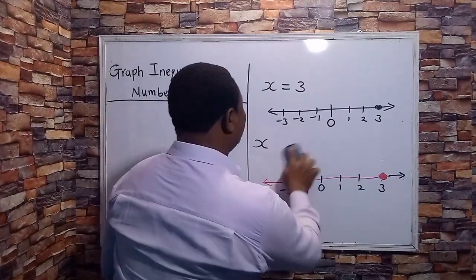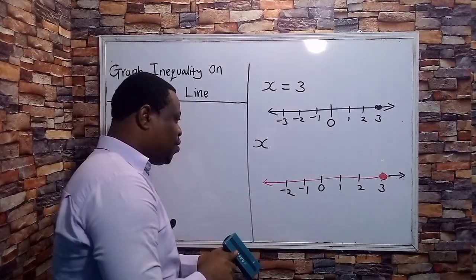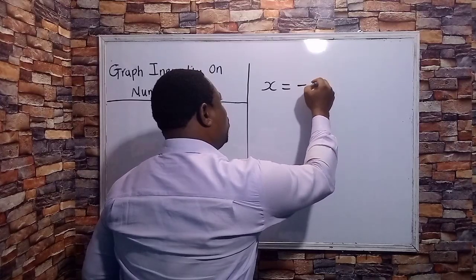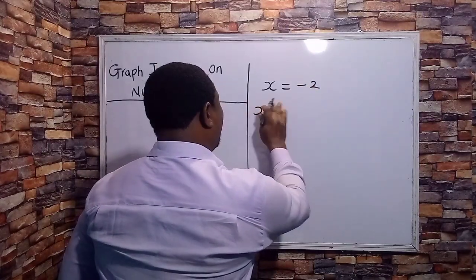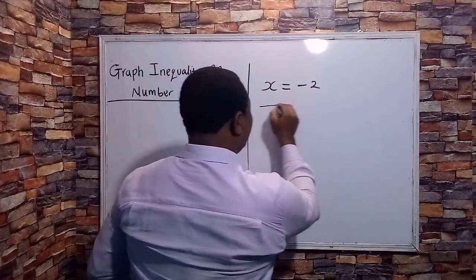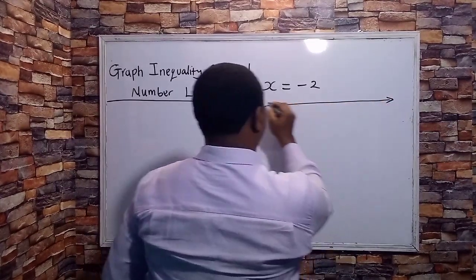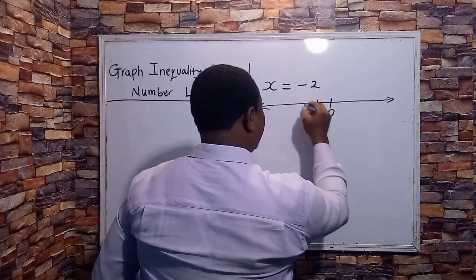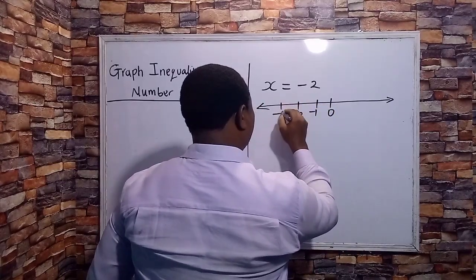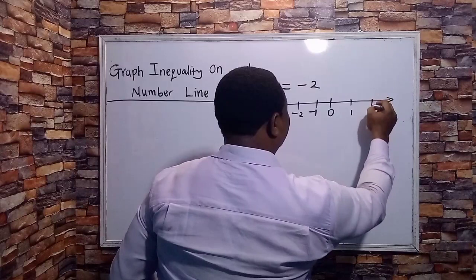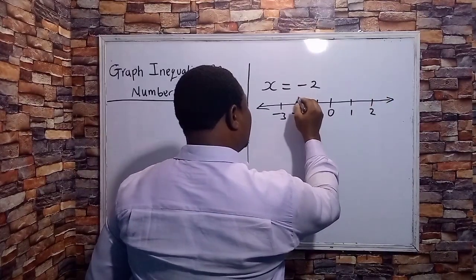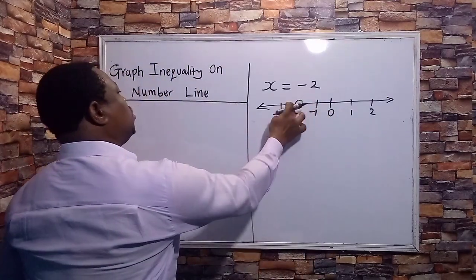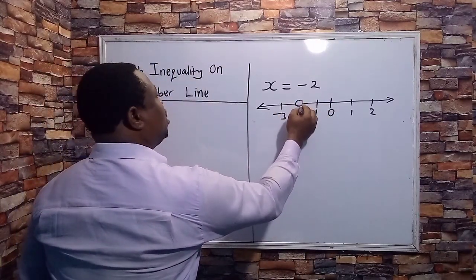Now let us assume again that we have x is equal to -2. So if we want to draw x is equal to -2 on a number line, just put 1, -1, -2, -3. -2 is this.